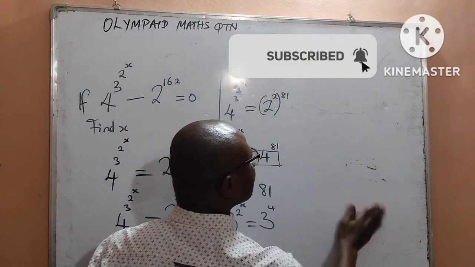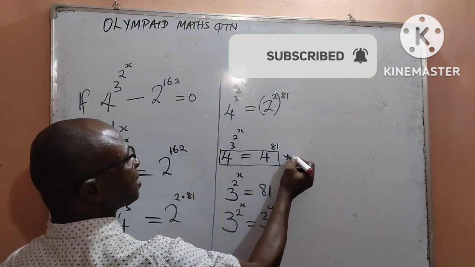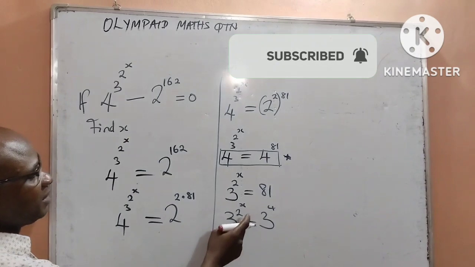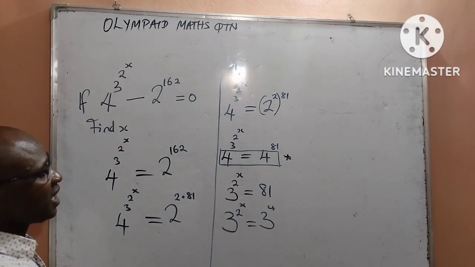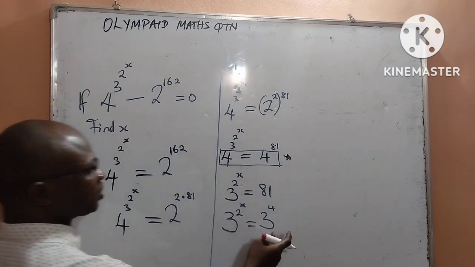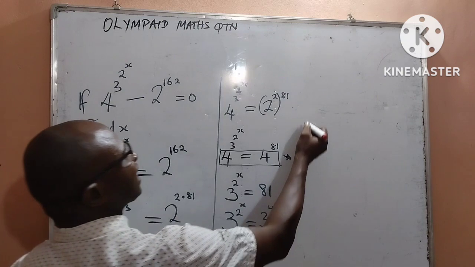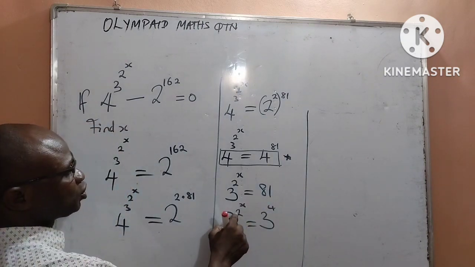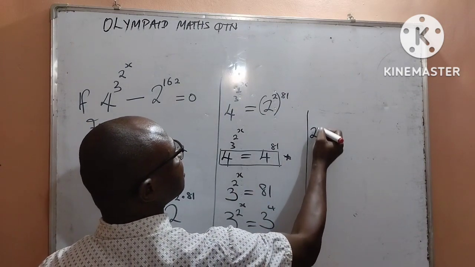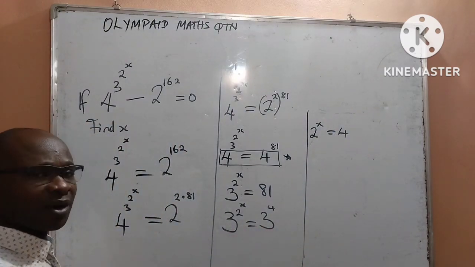Very good. Now, you can also see the same thing that happened here will also happen here. The bases are equal, the base on the left is equal to the base on the right, so the powers automatically become equal. Therefore 2 to the power of x is equal to 4, since the bases here are equal.